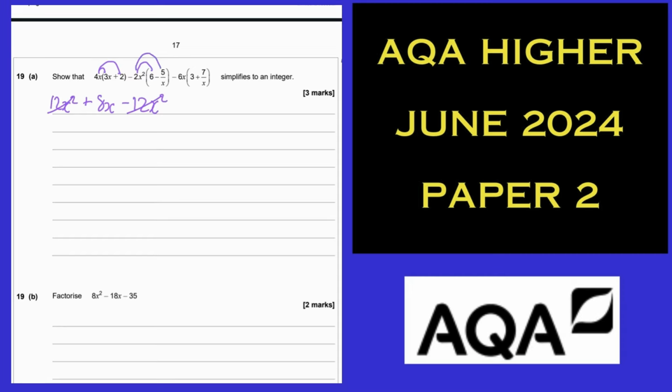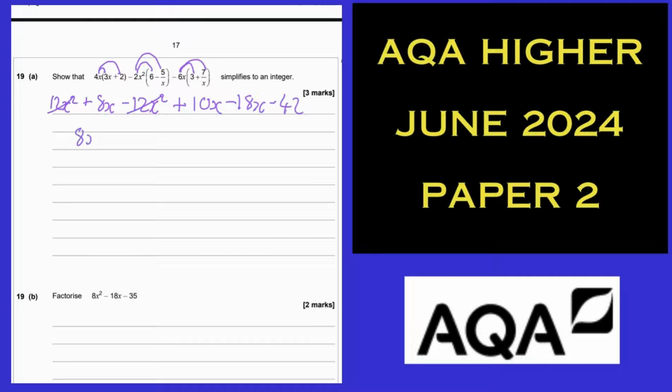Take care with the next loop. It's a minus times a minus. 2 times 5 is 10, and it's x squared divided by x, so it cancels. Finally, that loop gives us minus 18x, and that one, again, take care, minus 6 times 7 is minus 42, and the x's cancel.